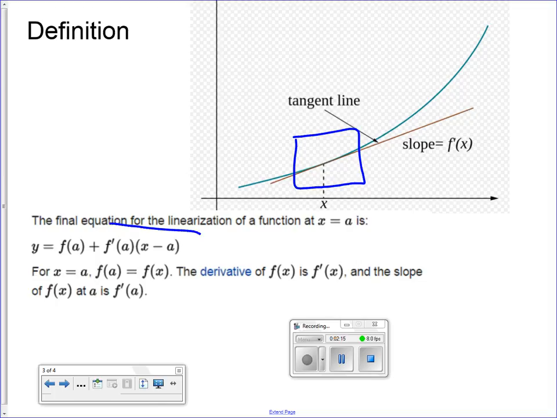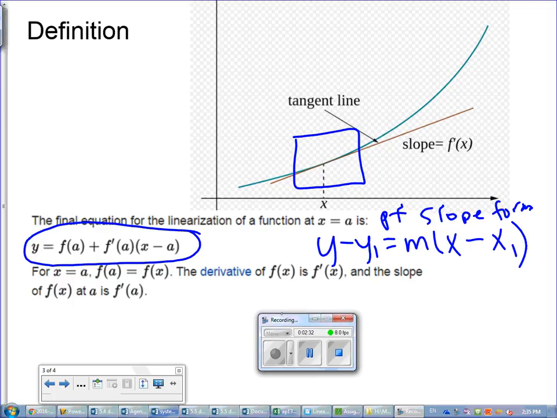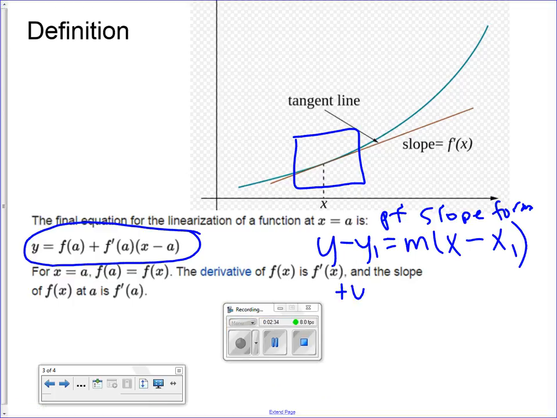Before you write this equation down, I want to talk about where it's coming from. It's actually coming from the point-slope form of a line. As a quick refresher, point-slope form comes from your slope formula. To get y by itself, you add y1 to both sides, and you can just stick it in front.